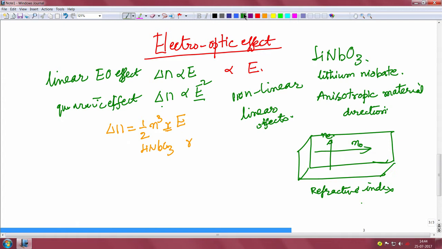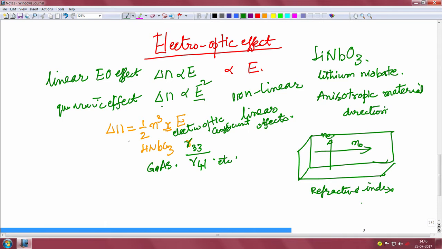I will use some other color too. There are the matrix forms, more specific case r33 is one of the matrix coefficients which is very useful and which has got a large value. Similarly, in the case of other materials like gallium arsenide etc., we have other coefficients like r41 etc.